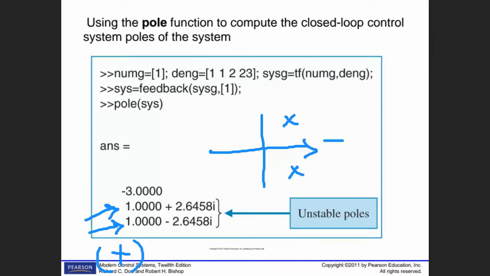That is sigma, and that one is imaginary. So this is the S-plane, and the poles are located with imaginary part 2.6 and real part 1. That means unstable. This part is the unstable part. Okay, so let's continue.